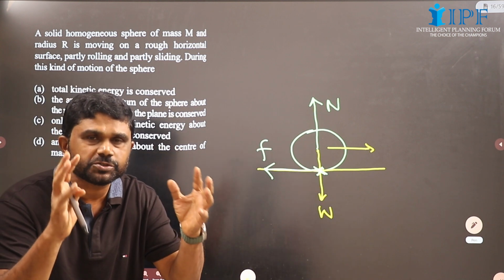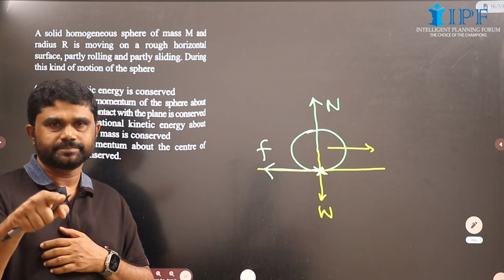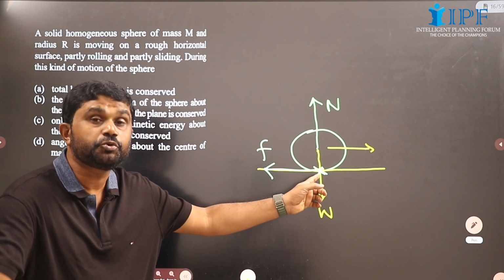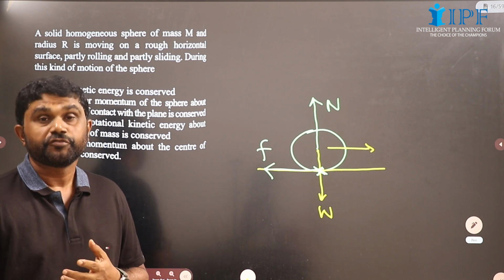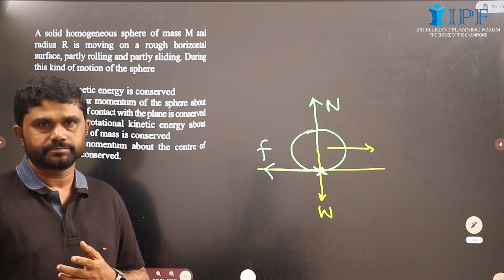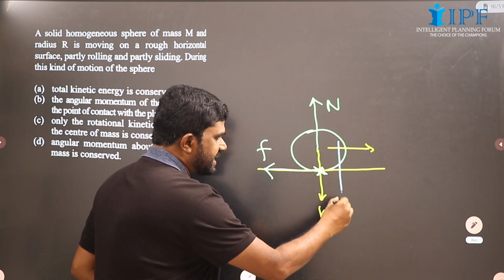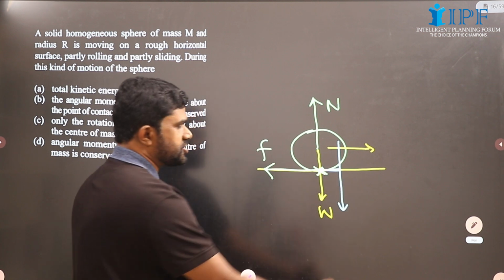All the 3 forces are passing through that point. So the torque about that point due to any of these forces will be 0. How do you find the torque? Force into lever arm or perpendicular distance. Now see, if the weight is acting like this, then the perpendicular distance will be this much.